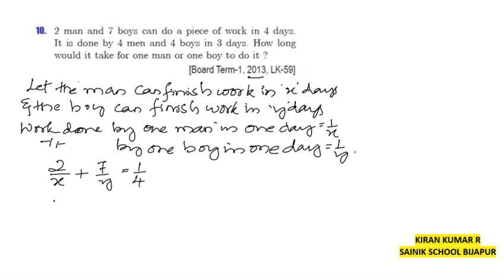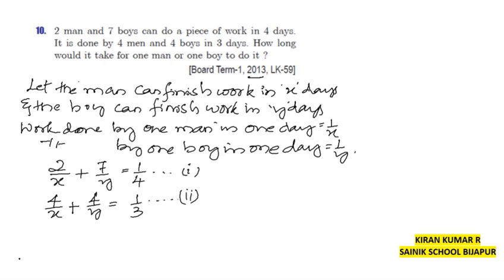In the same way, the second condition would be 4 by X for 4 men, 4 by Y for 4 boys, and they are finishing the work in 3 days. So the equations are 2 by X plus 7 by Y equal to 1 by 4. Let me call it equation 1. Let this be equation 2.